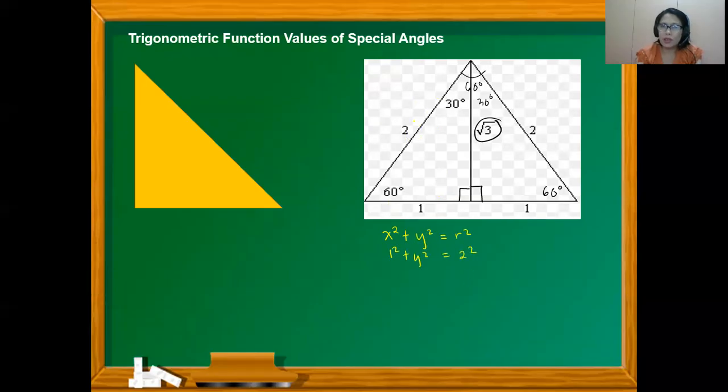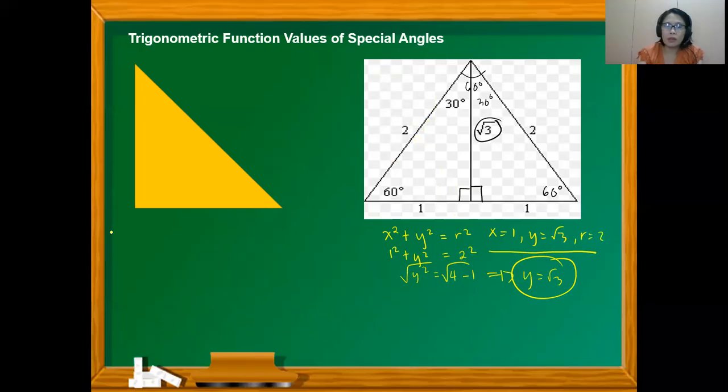This is the longest side since it is opposite the right angle. Simplifying, y squared equals 4 minus 1. Extracting the square root of both sides, y equals square root of 3. So now we already have the value of x, which is 1, y, which is square root of 3, and r equals 2.